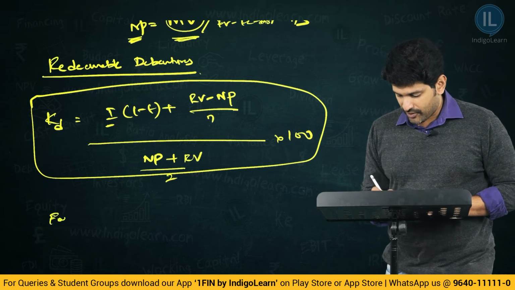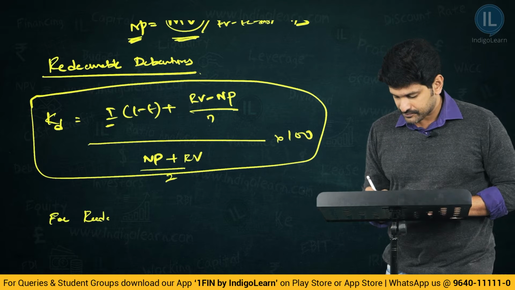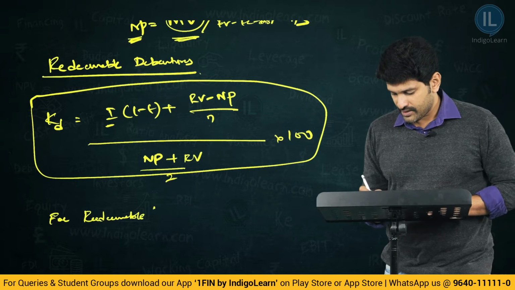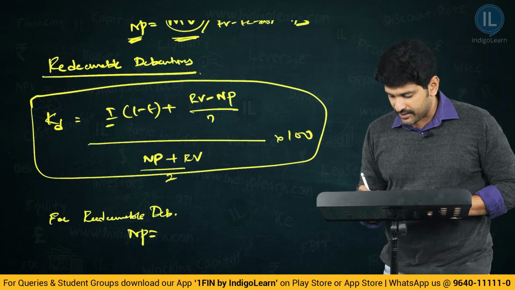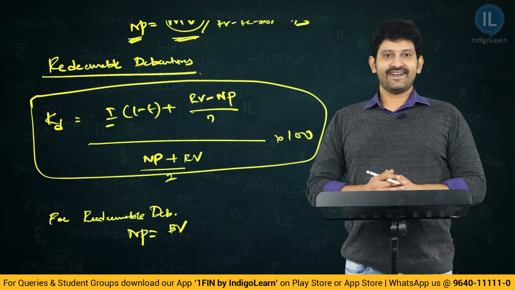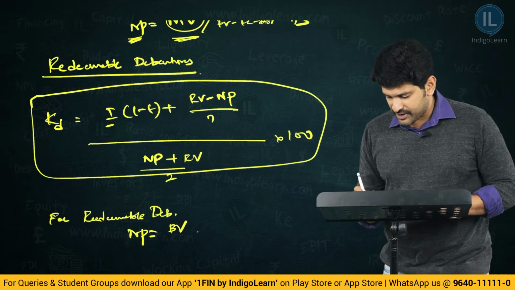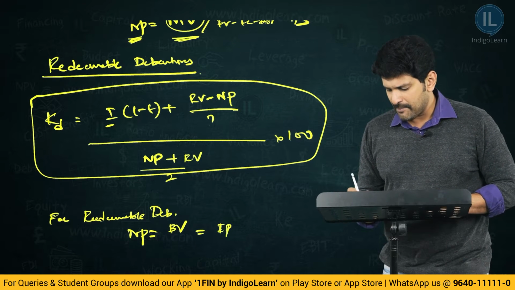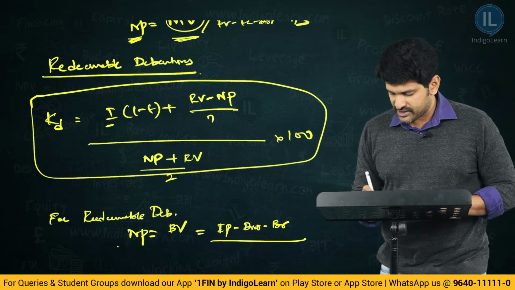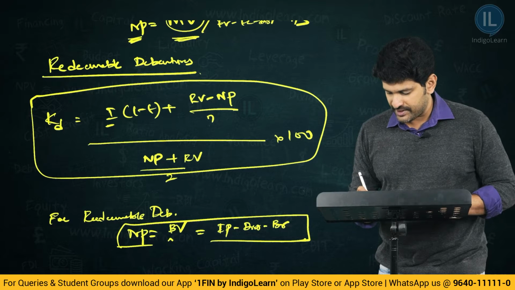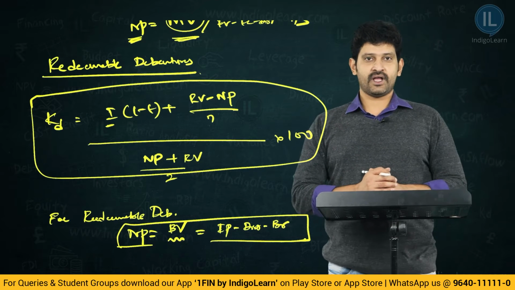So, for redeemable debentures, net proceeds is usually what? The book value. Book value means you have the issue price, the face value, minus some discount, minus some brokerage, whatever. This will be our net proceeds.